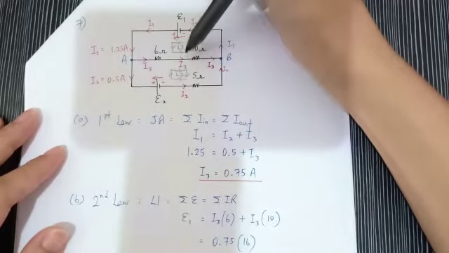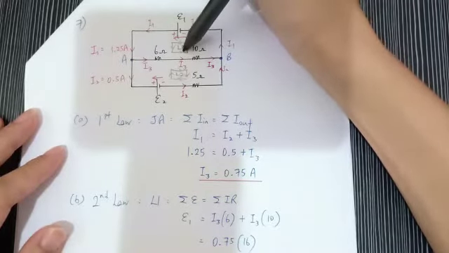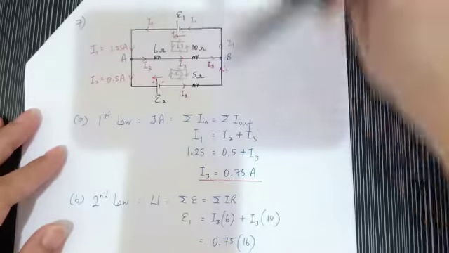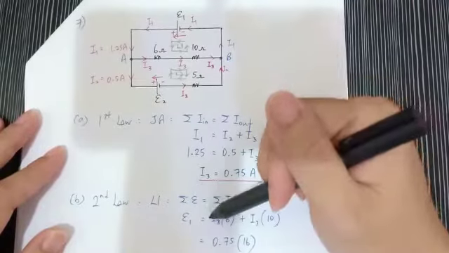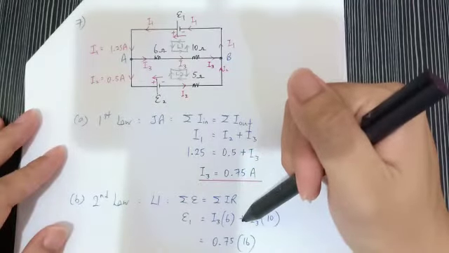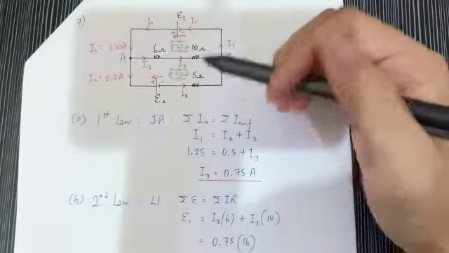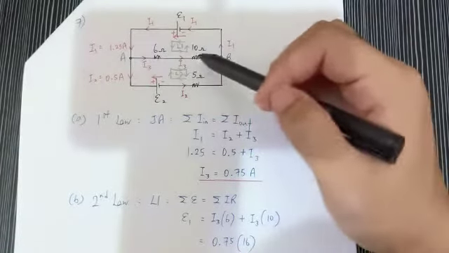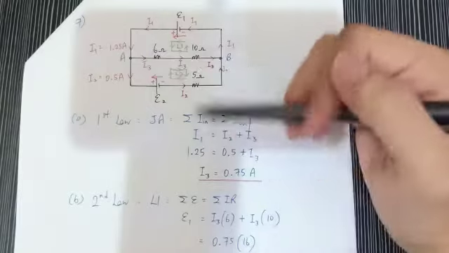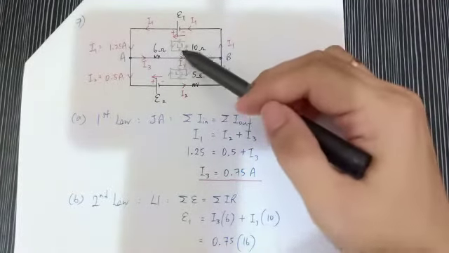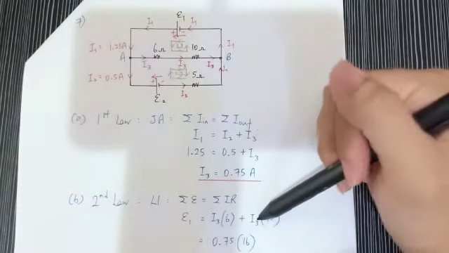I3 is in the same direction as the loop, so also positive. So 6 ohm and 10 ohm, these two you get positive. The current passing through 6 and 10 is I3 only, yeah. So for both of them the current is in the same direction as the loop, so positive.